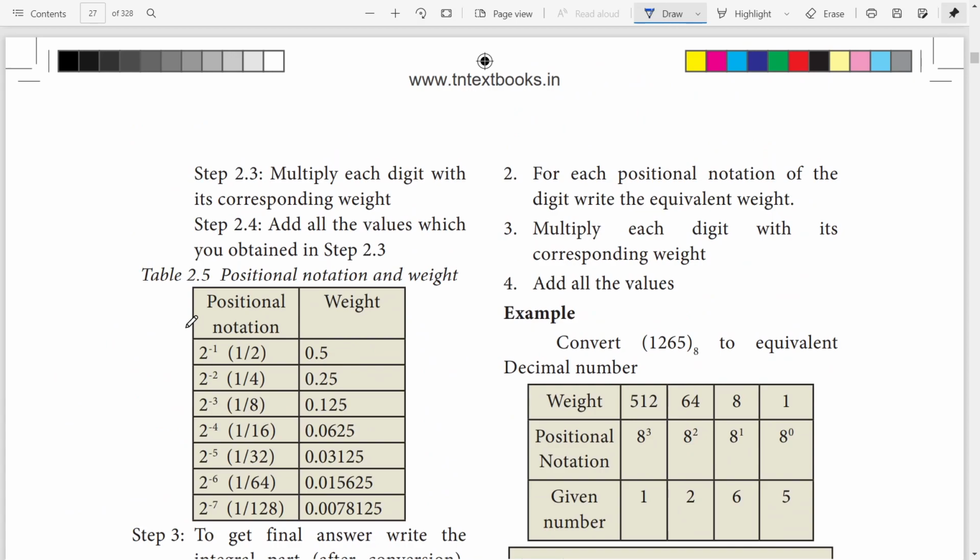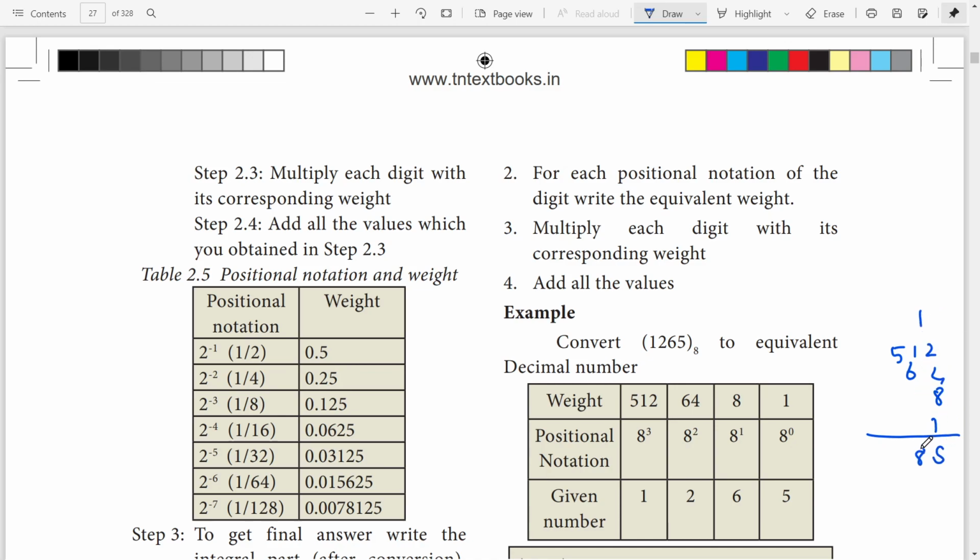Okay, 1, 2, 6, 5 can be converted into, listen, 512 plus 64 plus 8 plus 1. Okay. So the maximum value obtained is 585.